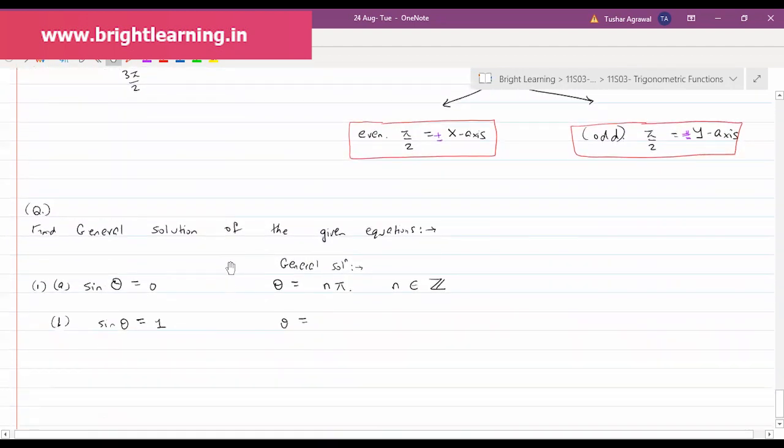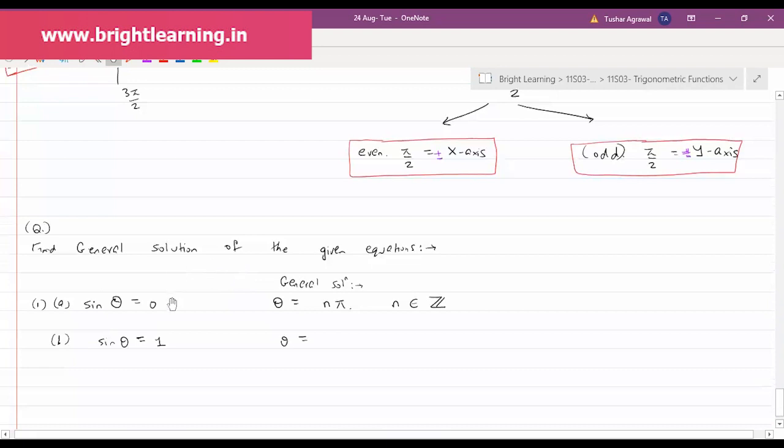Okay, just this part you will do. Take sin theta equal to plus or minus 1 for now. So that will give you an odd multiple of pi. Sorry, not an odd multiple of pi, an odd multiple of pi by 2. This is your required answer.